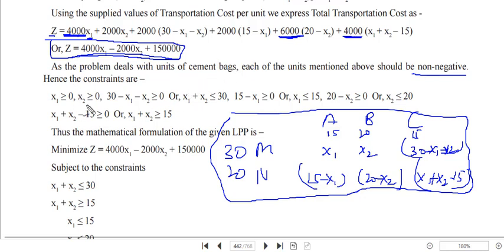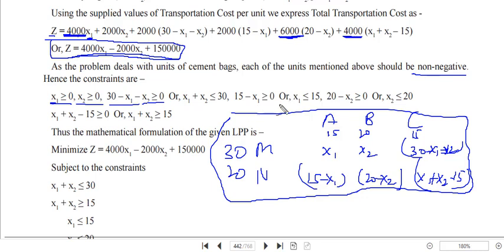Because all these are physical units. So decision variable x1 is greater than or equal to 0, x2 is greater than or equal to 0. The third one, 30 minus x1 minus x2, is greater than or equal to 0, or we can write x1 plus x2 is less than or equal to 30. We have just inverted it.